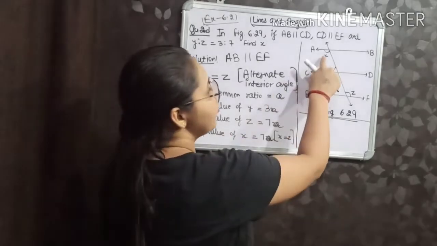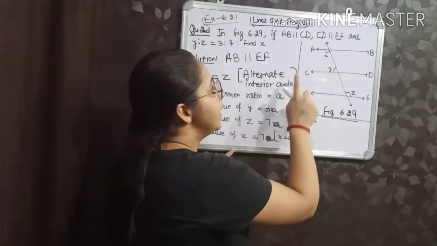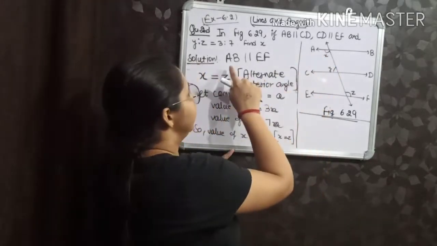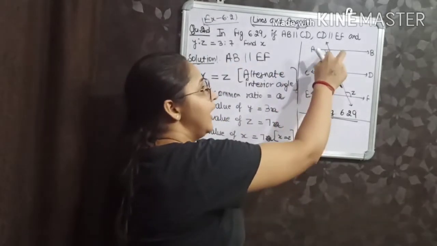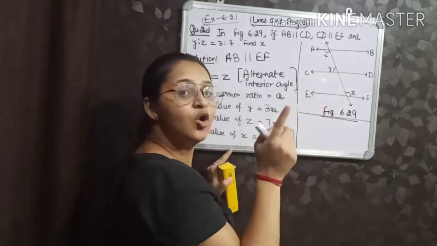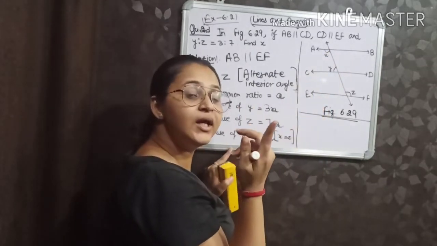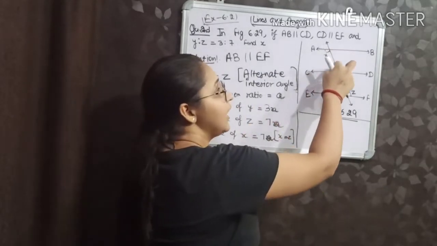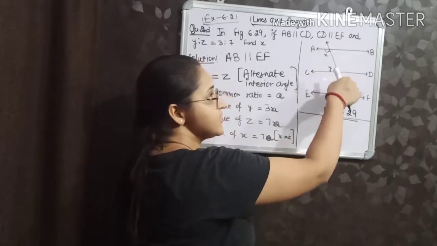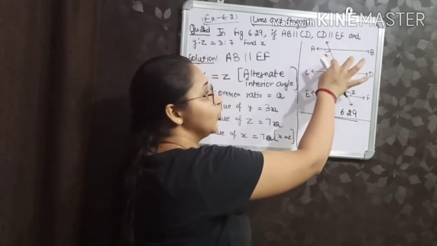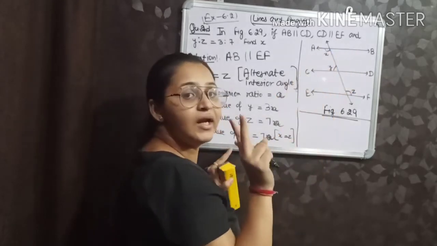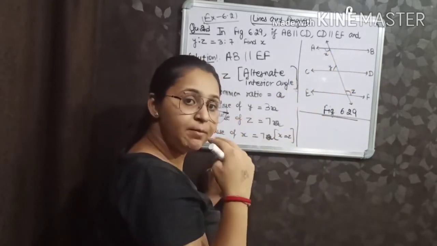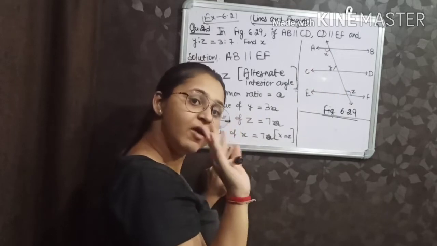Now, I have to find the value of X. See, AB and CD, these two lines are given to be parallel, and X and Y are co-interior angles. Co-interior angles means they lie on the same side of the transversal line and both are in the interior region, and co-interior angles are supplementary. Supplementary means their sum will be 180 degrees.